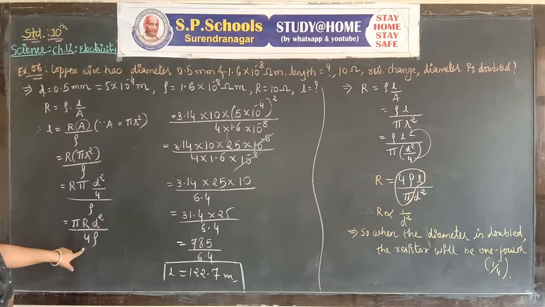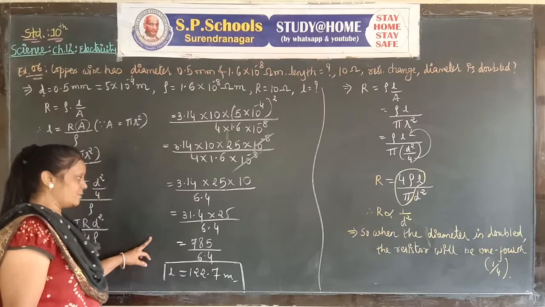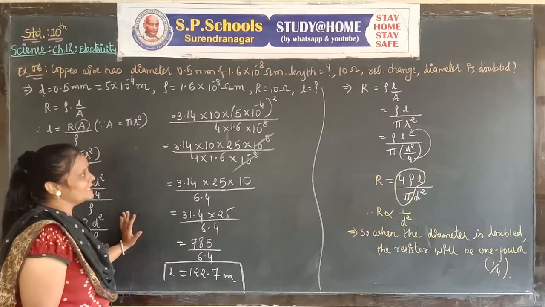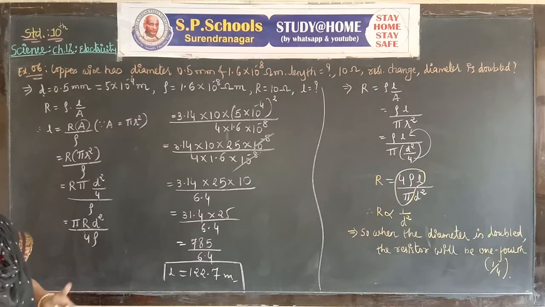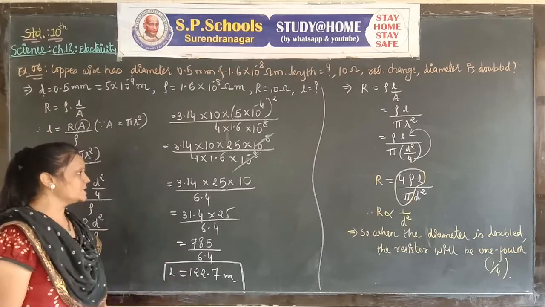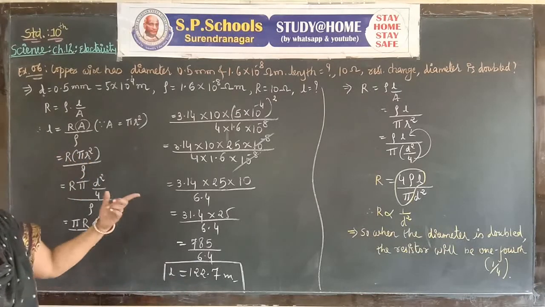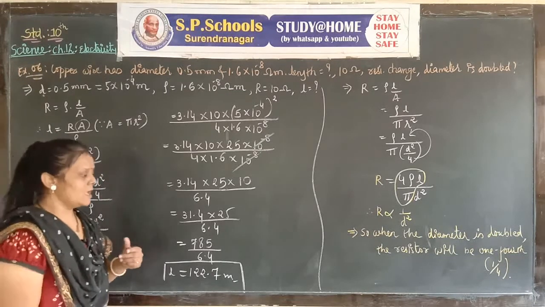Pi d square upon 4 rho, and give the calculation. You already studied in math how the division and multiplication can be calculated. So we get L as 122.7 meter, and we find that if the diameter is doubled, the resistance will be 1/4.